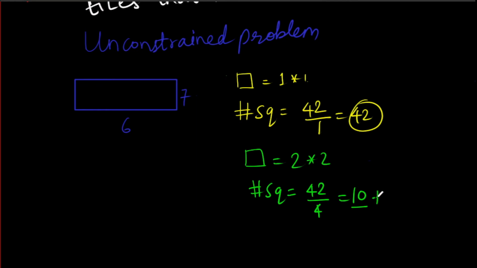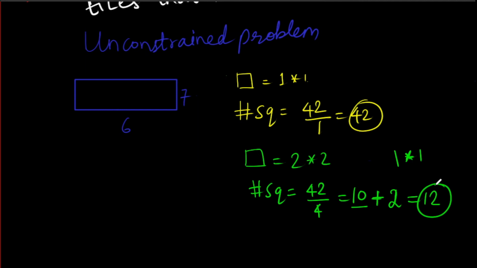This can be covered using 1 cross 1 squares, and that number will be 2. Hence, in this case, the number of squares required is 12.